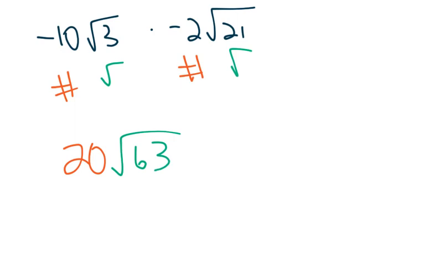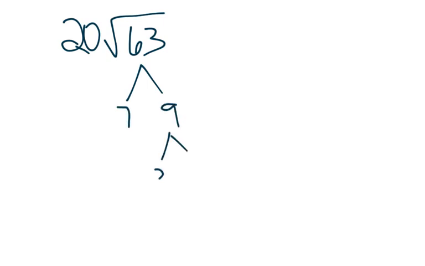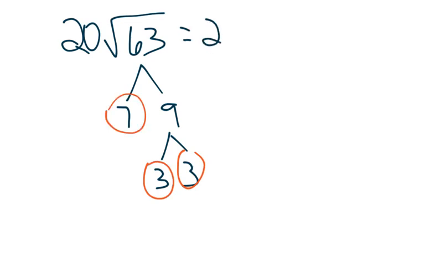So what I'm really dealing with is 20 square roots of 63. Well, 63 will break down to 7 and 9. 7's prime, so it can't break down anymore. So I really have 20, and then 3, 3, and 7.